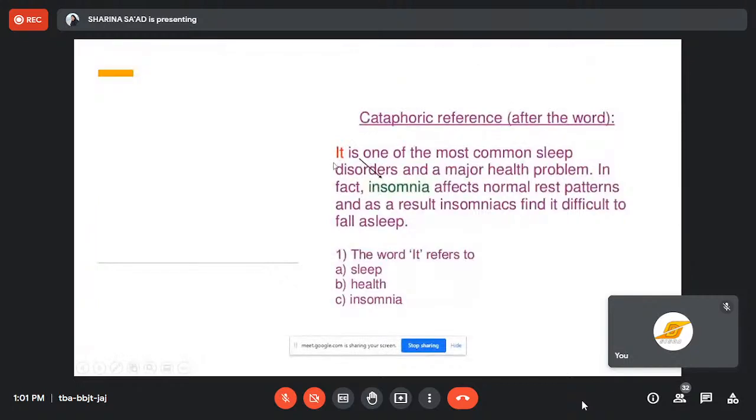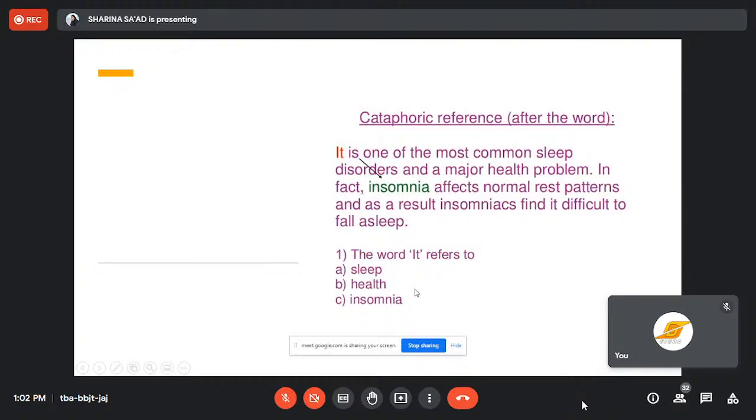For example, the question asks you: "It is one of the most common sleep disorders and a major health problem. In fact, insomnia affects normal rest patterns, and as a result, insomniacs find it difficult to fall asleep." You use the cataphoric reference after the word. After the word "it", read the sentence. So what does "it" refer to? It refers to insomnia.